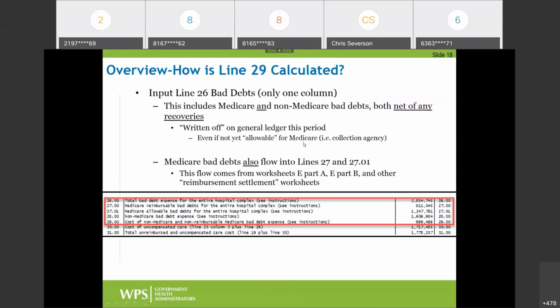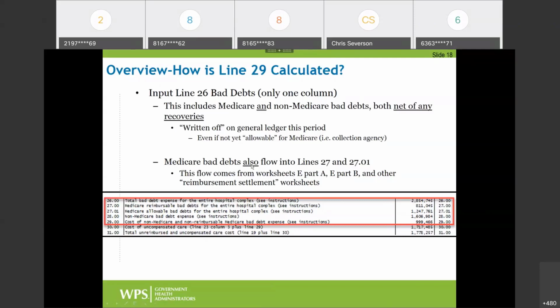In other words, it's a Medicare bad debt that you've written off on your financial statements and general ledger, but maybe it's at the collection agency, and Medicare policies do not allow that to be allowed for Medicare yet. Even though it was written off, it's not Medicare eligible or Medicare allowable at this point. That might come next year or the year after that. That's fine. We want to see that bad debt in line 26 when it's written off of your general ledger. And then later on, the Medicare portion will be handled.